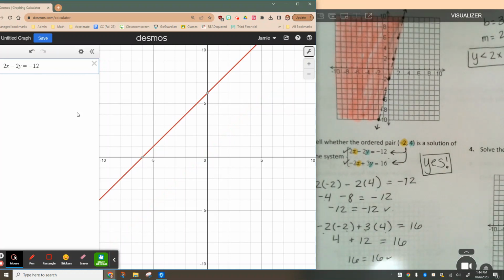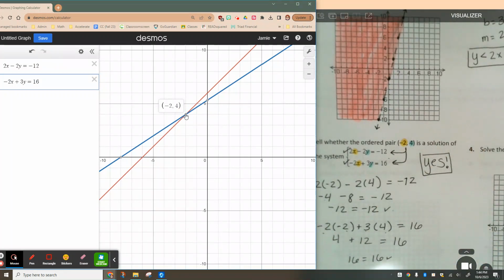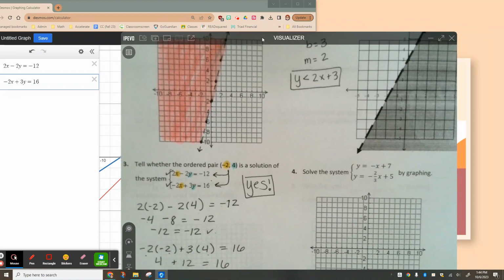Oh, let me click on another one, and we have -2x plus 3y equals 16. We can see where they cross. That is at -2, 4. That is the solution we have. We are golden here.